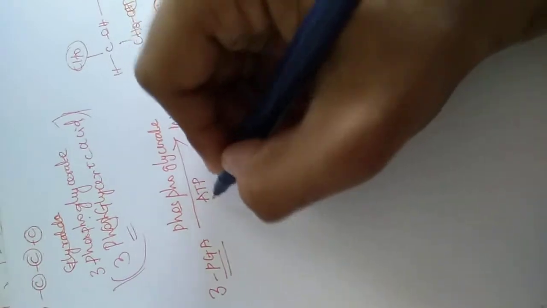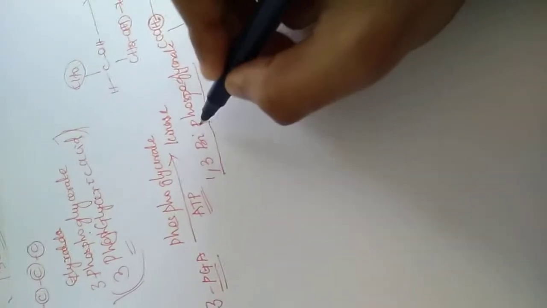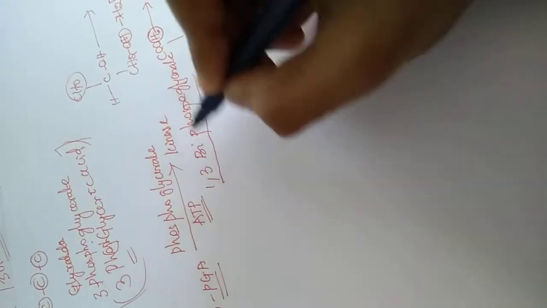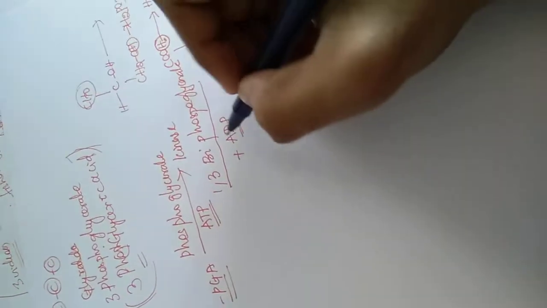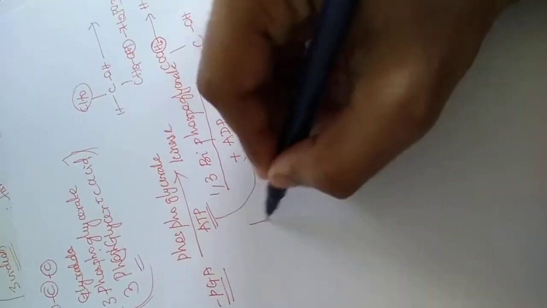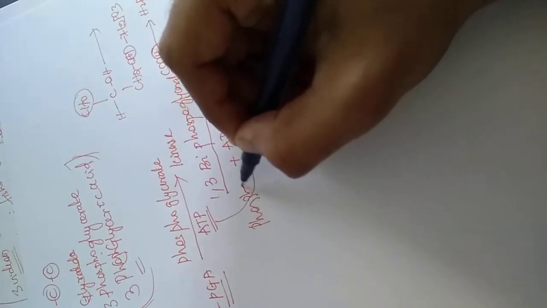This is done in the presence of phosphoglycerate kinase, and you react it with ATP, adenosine triphosphate, and the products are 1,3-biphosphoglycerate, or 1,3-biphosphoglyceric acid, plus adenosine diphosphate. So this guy loses one of the phosphates to form ADP. So this is the step. This is what happens.